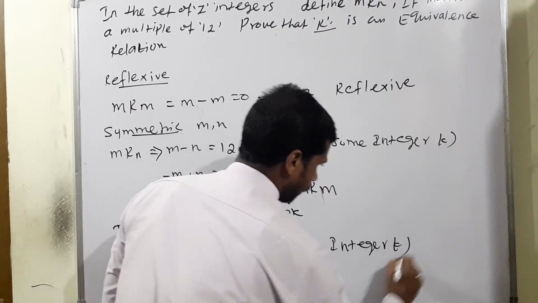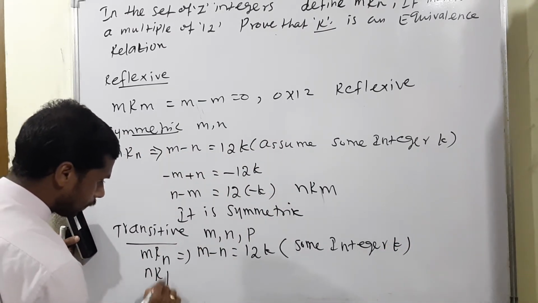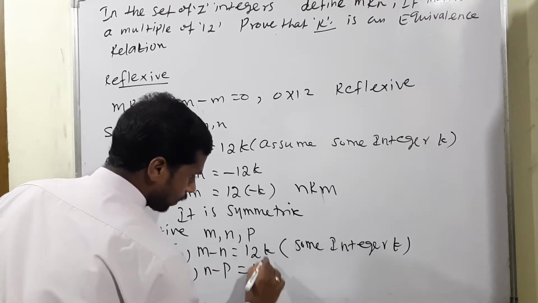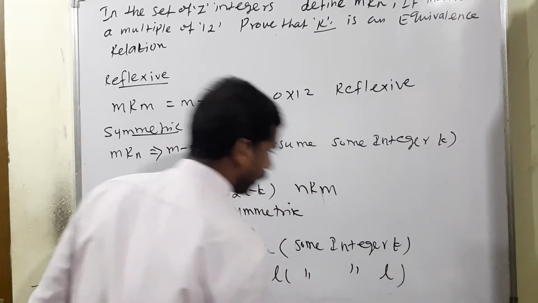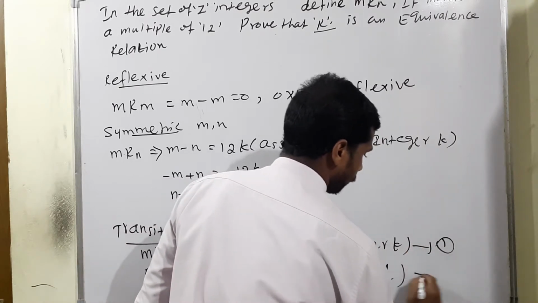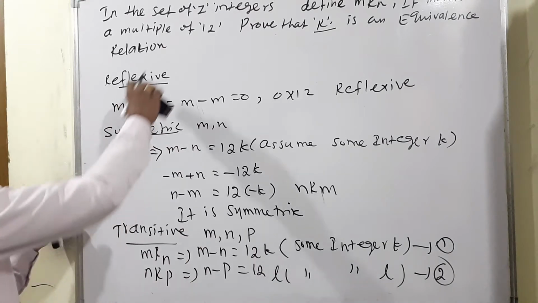At the same time, n related to p means n minus p is equal to 12l, where l is also some integer. This is considered equation number 1, and this is equation number 2.